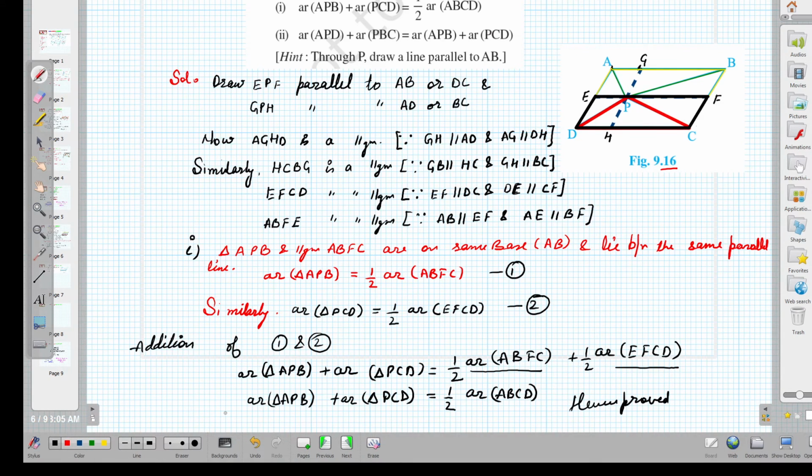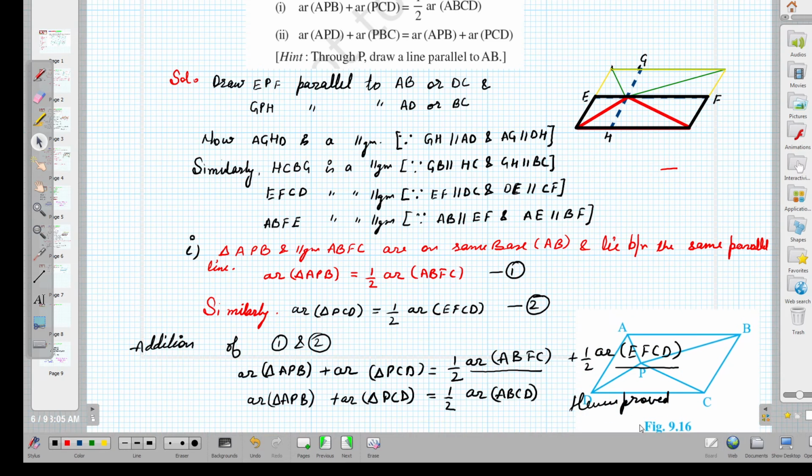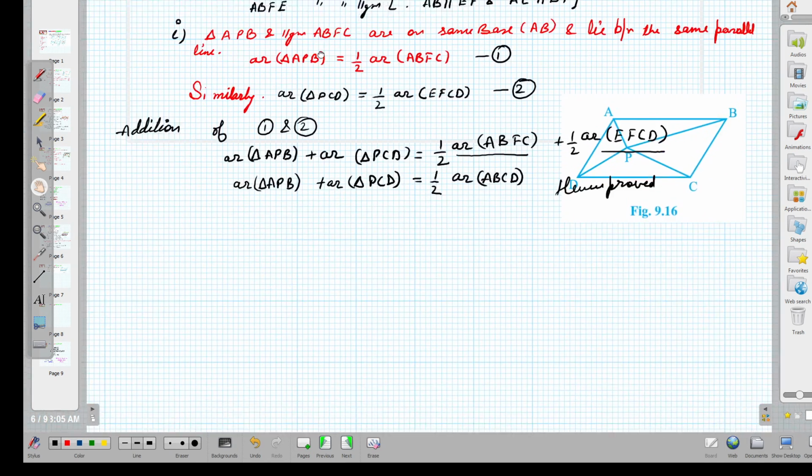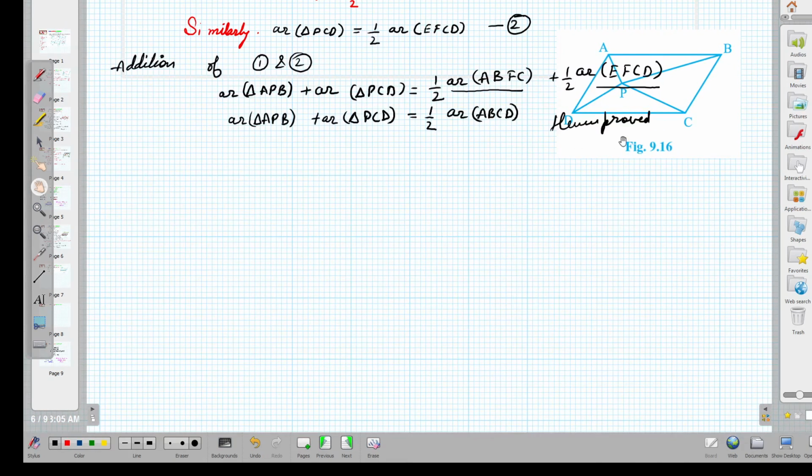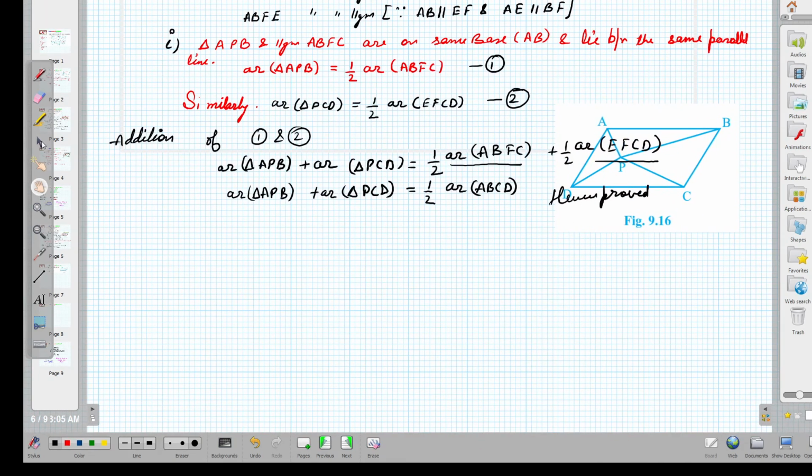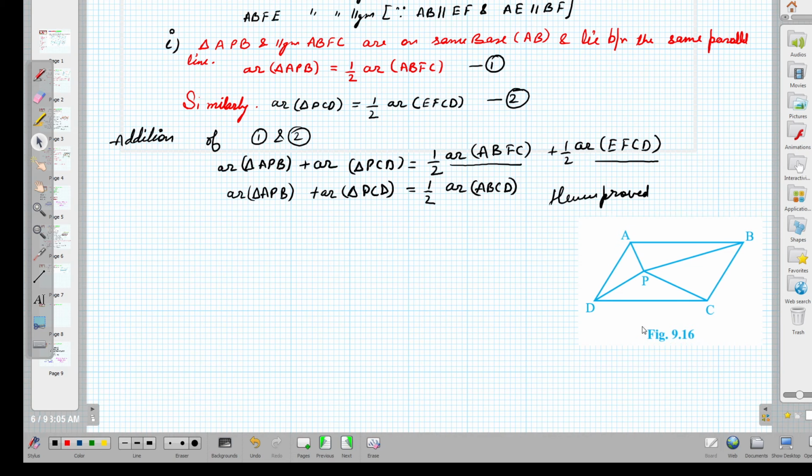The another part of the question is this is the third one. So we can take our figure below, right? And we can do here. So this is the second part.